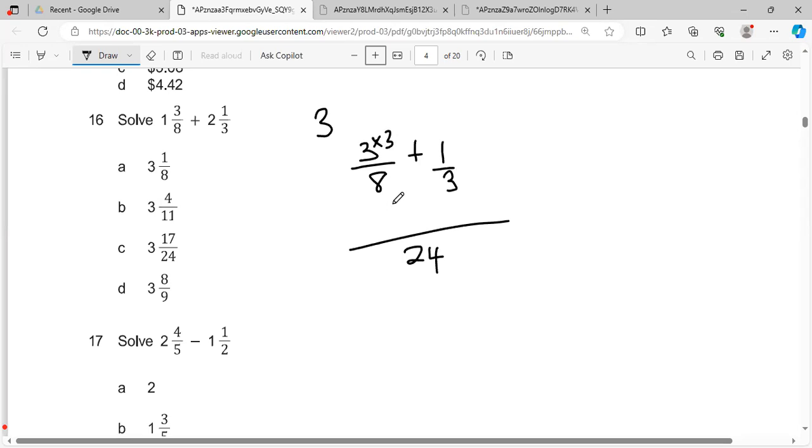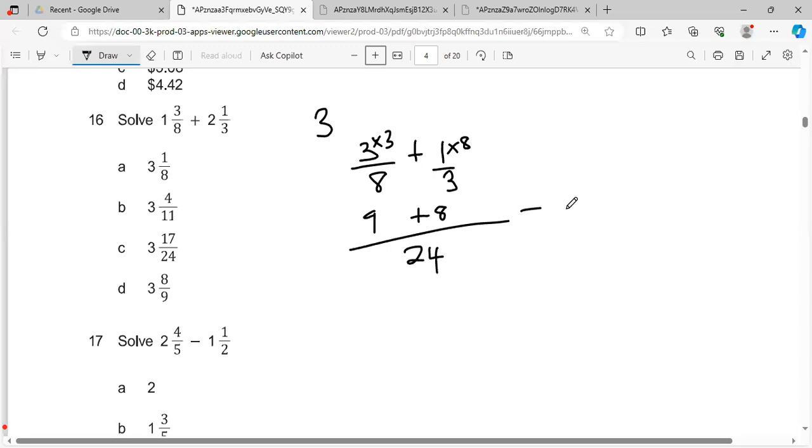And then 3 into 24 goes 8 times. So you put times 8. And then 3 times 3 is 9. And 1 times 8 is 8. 9 plus 8 is 17.